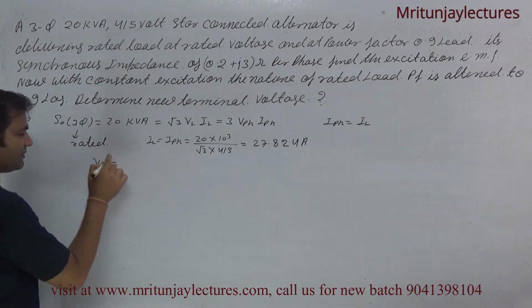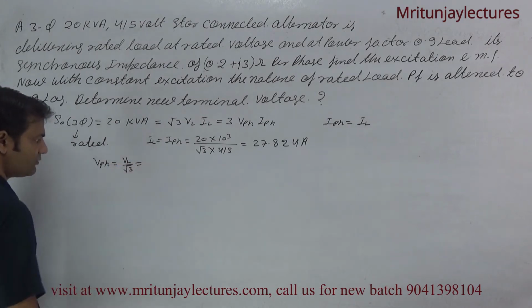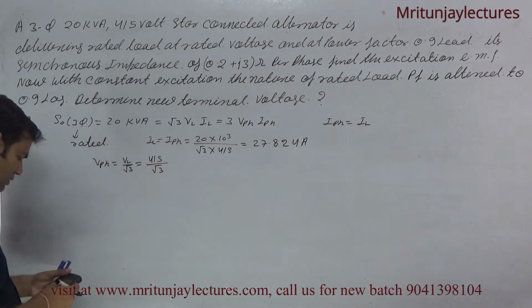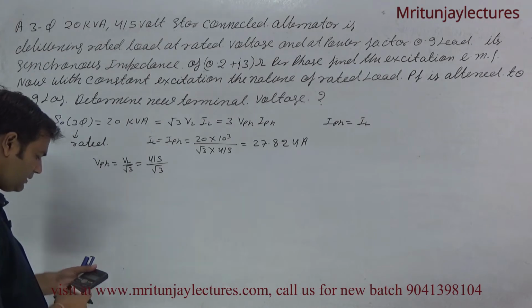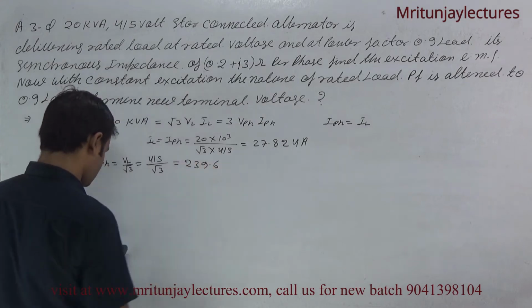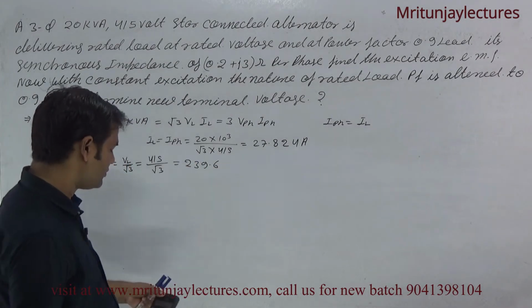This is a star connection, that's why VPH is written as VL by root 3, that is 415 divided by root 3, that is 239.6 volt.